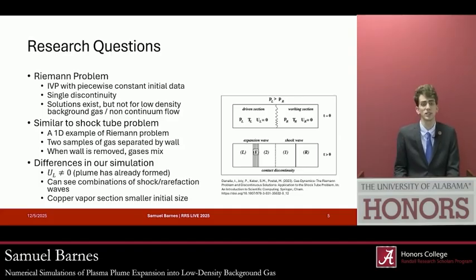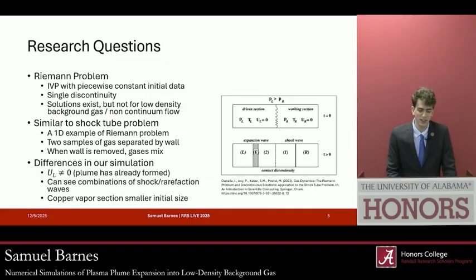Solutions exist for this problem, but not for low density background gas or non-continuum flow. This is similar to the shock tube problem, a 1D example of the Riemann problem, where two samples of gas are separated by a wall, and then the wall is breached or a membrane is broken and the two gases are allowed to mix.